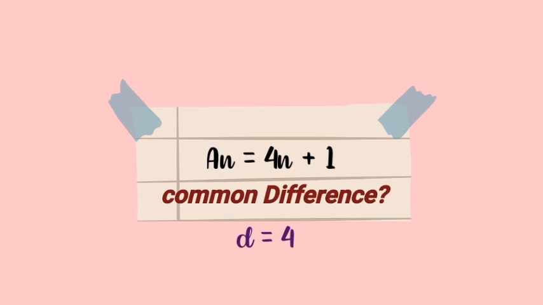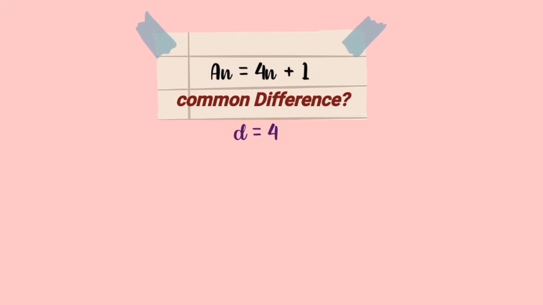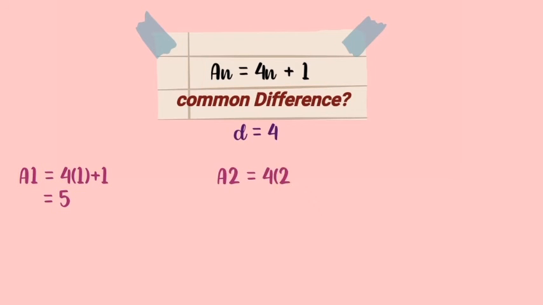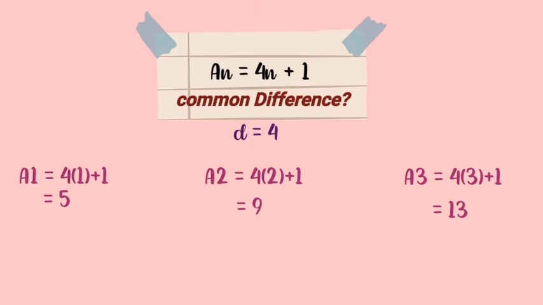Another way we can find the common difference is by finding the first few terms. The first term will be a1, its value will be 4 times 1 plus 1, that is 5. The first term of the sequence is 5. Similarly, the second term will be 9 and the third term will be 13.